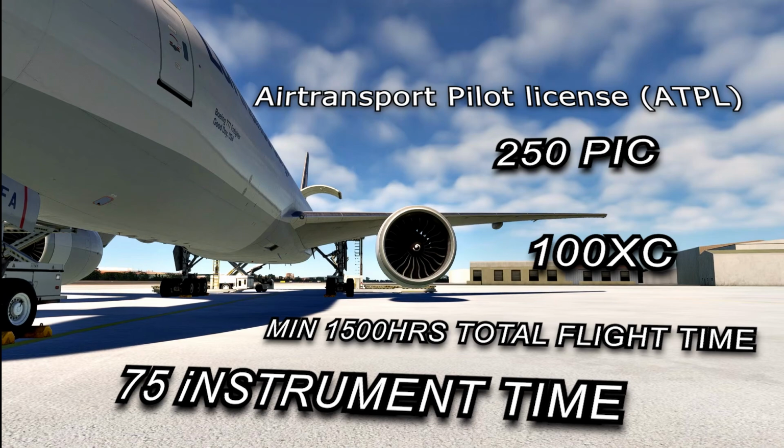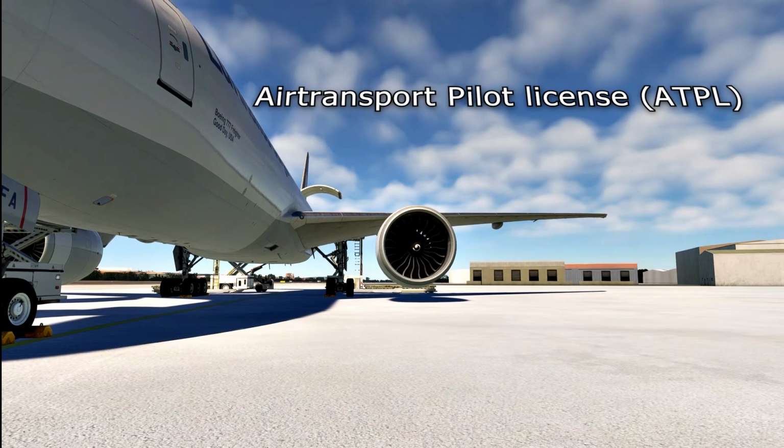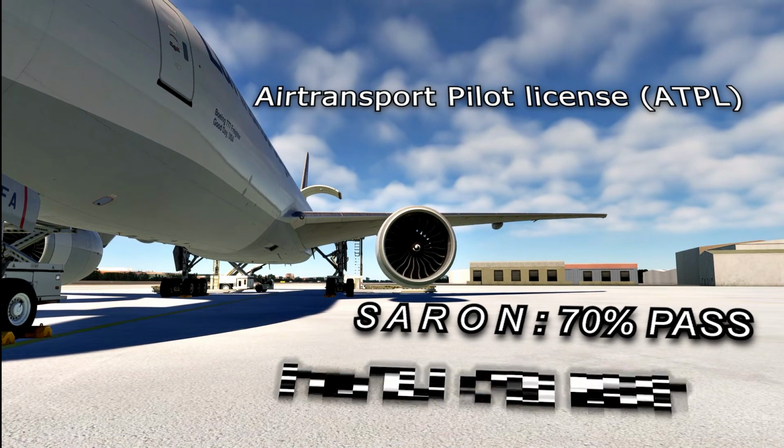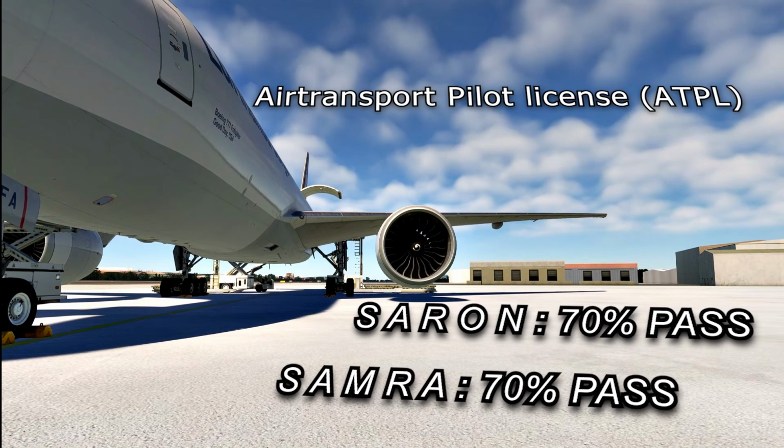The air transport pilot license has written exams as well, and the first one is the SARON, or Sierra Alpha Romeo Oscar November, which consists of air law, aircraft operations, and general navigation. This requires a 70% pass. The second written exam is the SAMRA exam, which is Sierra Alpha Mike Romeo Alpha.